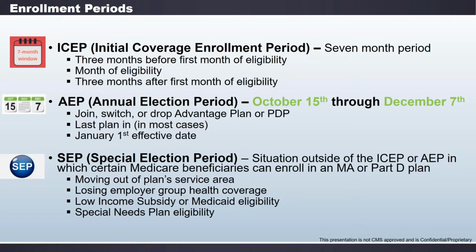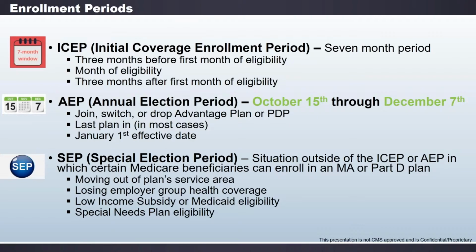This is where people are joining, switching, or dropping their Advantage plans or a PDP plan. Now, if you work it right, this could be the last plan that a member enrolls in. Keep in mind, that October 15 through December 7, any and all business that you write under the AEP is going to be effective January 1.